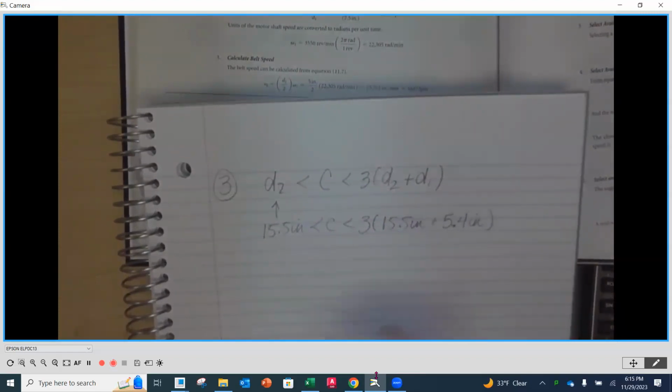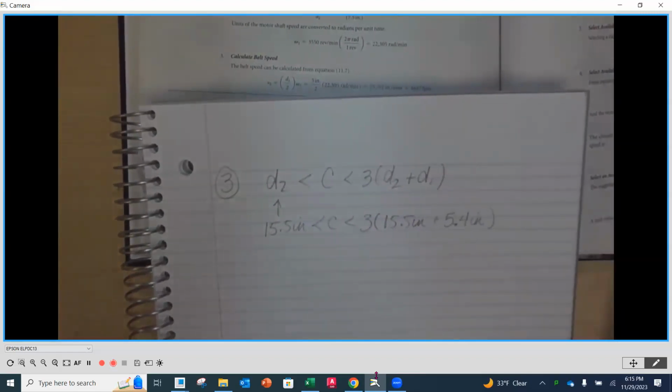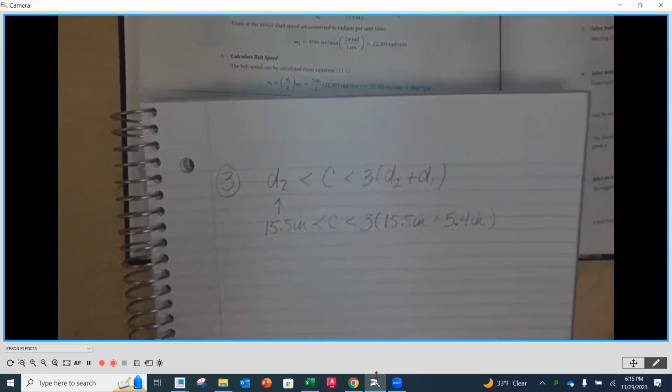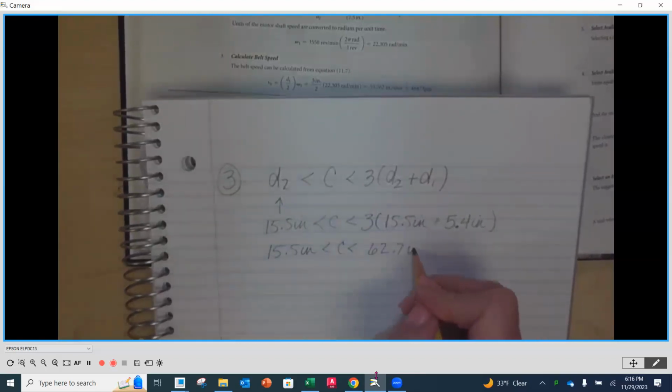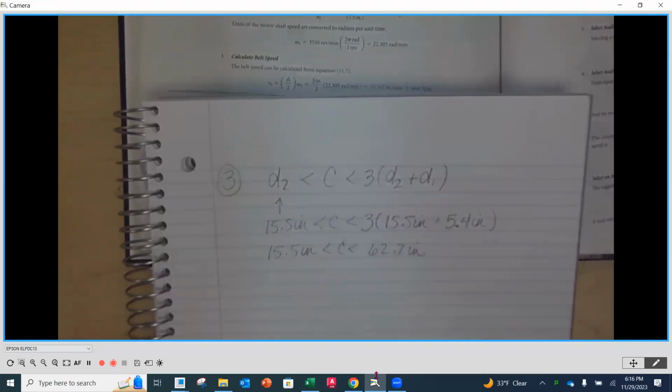So 15.5 plus 5.4, times 3. We need to be between 15.5 inches and 62.7 inches. So it's a pretty big range.